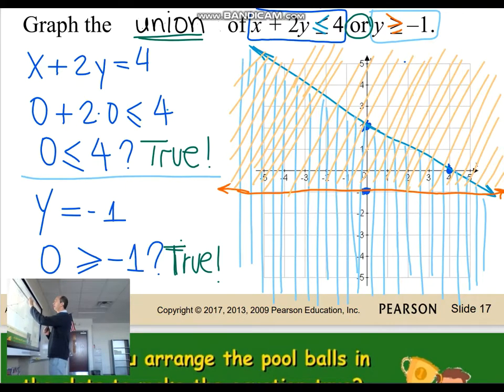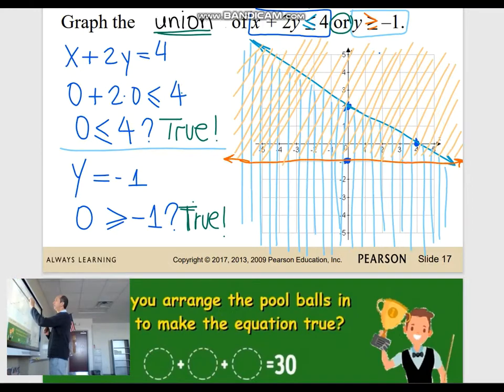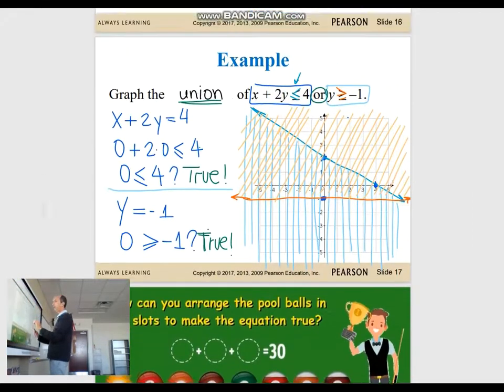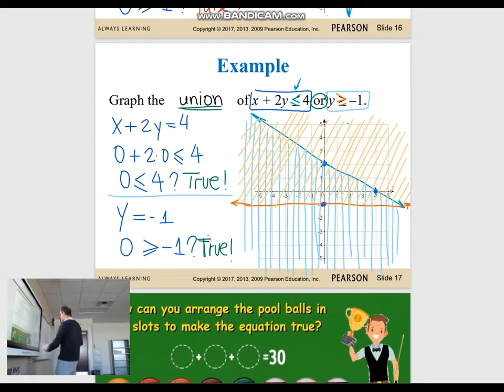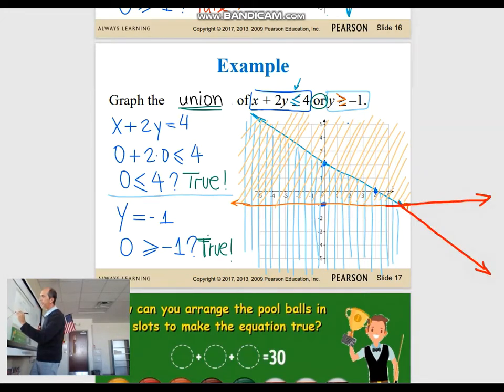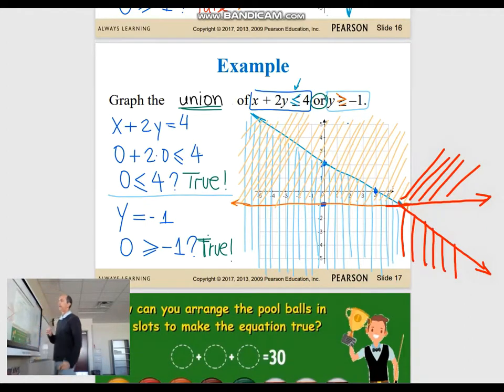Let me zoom out a little bit, because I need you to see something here. Check this out. This line will keep going like this. This other line will keep going like this. And the shade is going on and on. I will represent the union with this red color.